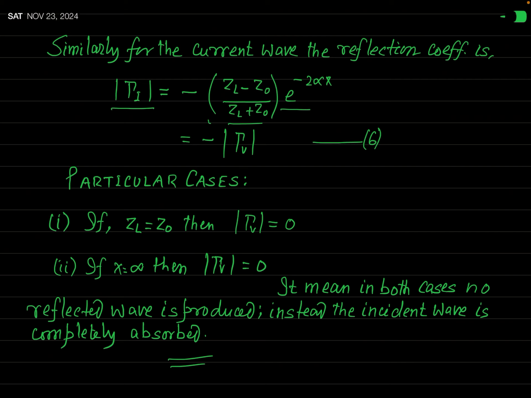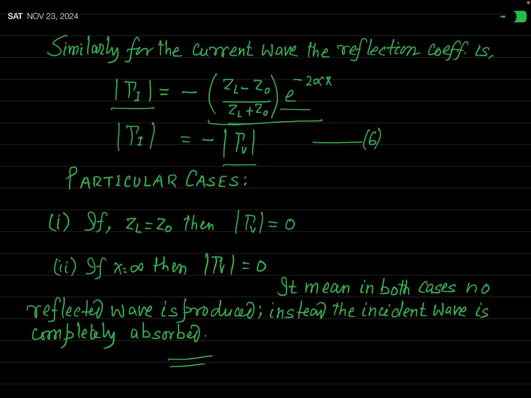But apart from this minus sign, the remaining factor is simply gamma V. So a very important result we obtain here, that the reflection coefficient for the current wave is just equal and opposite, or you can say it is equal to the negative of the reflection coefficient of the voltage wave.